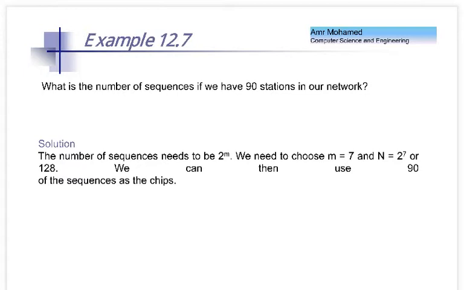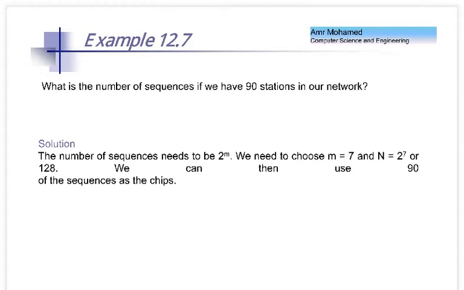M is 7, because we cannot have 90, so we have to have a power of 2 which is above 90. 2 to the power 6 will give us 64. We cannot use that. 2 to the power 7 will give us 128, which is more than 90. So that will work. In that case, M will be 7 to have 128 rows in the Walsh table.